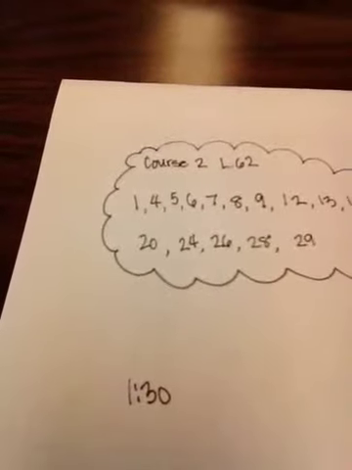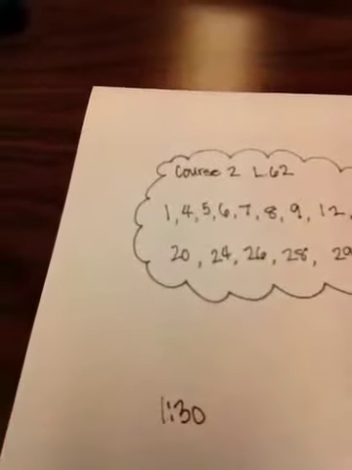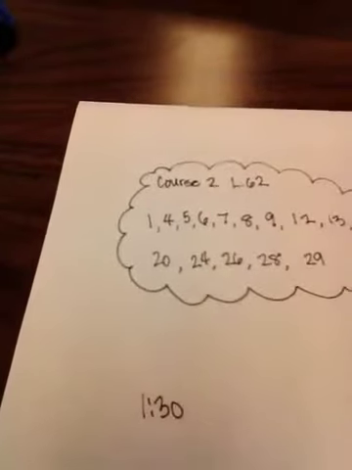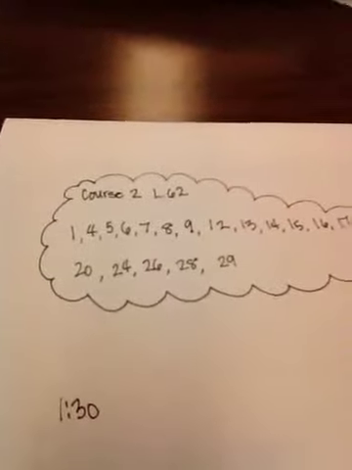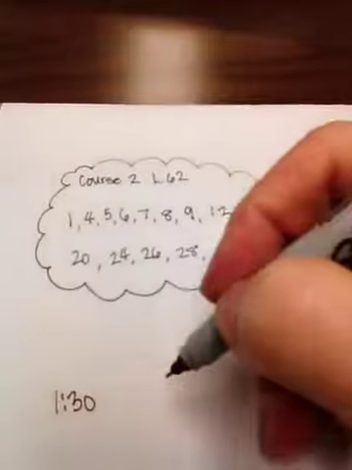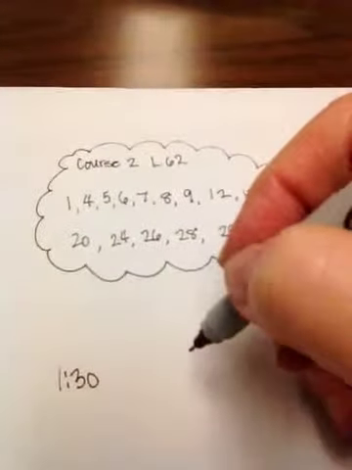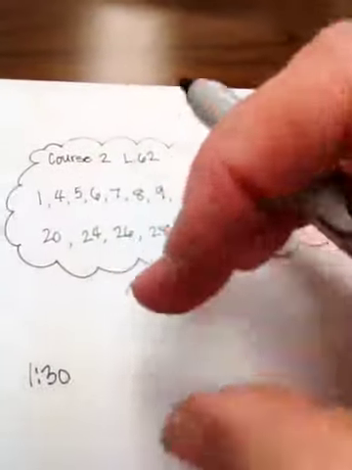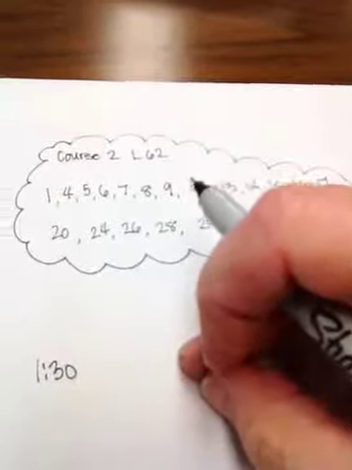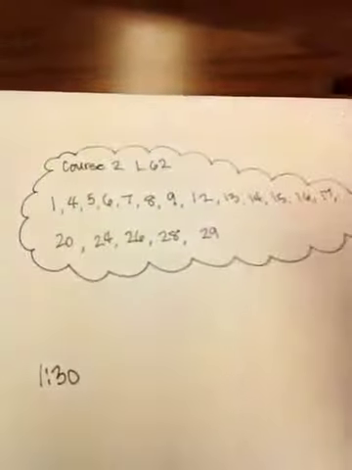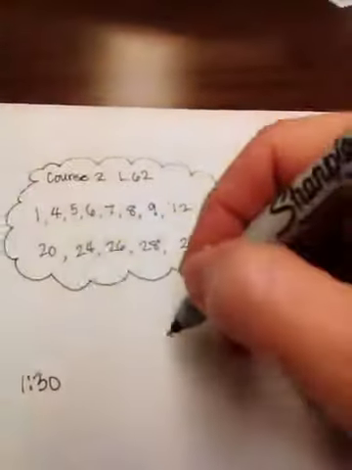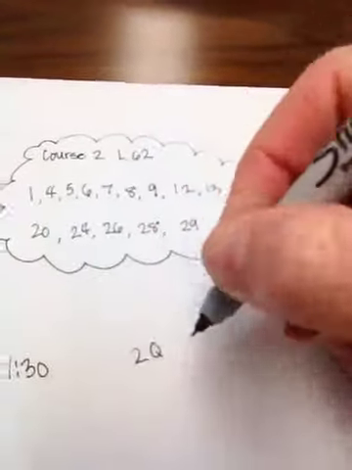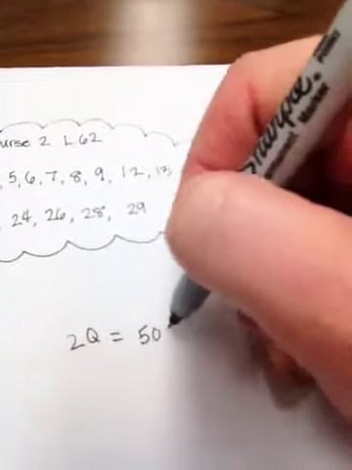The only way to do math is step by step. So the first thing we're going to do is we are going to say to ourselves, all right, if 10 cents buys 15 minutes, how many 10 cents are there in 2 quarters? Well, 2 quarters equals 50 cents.